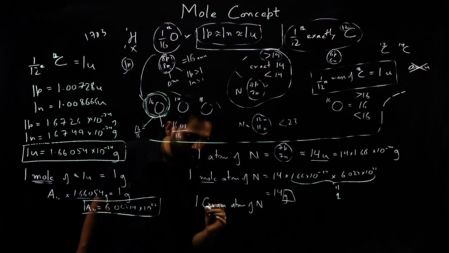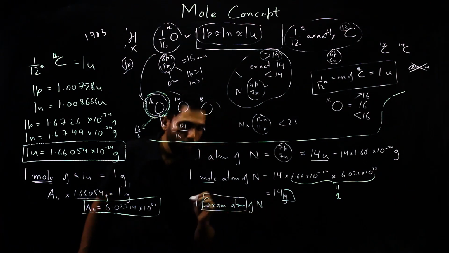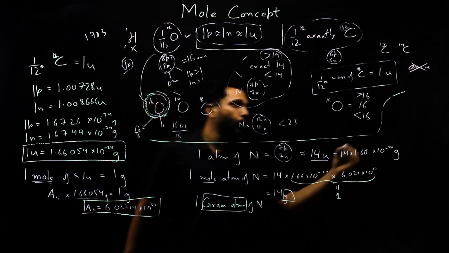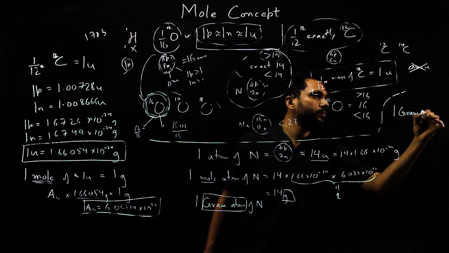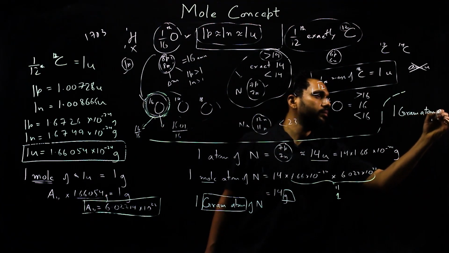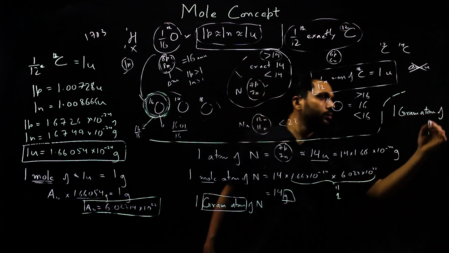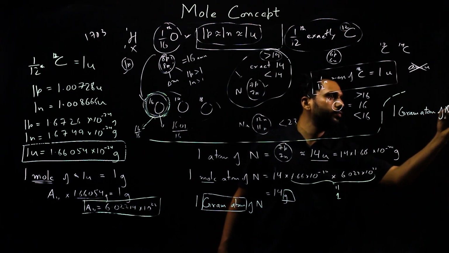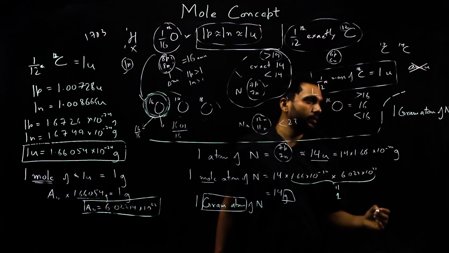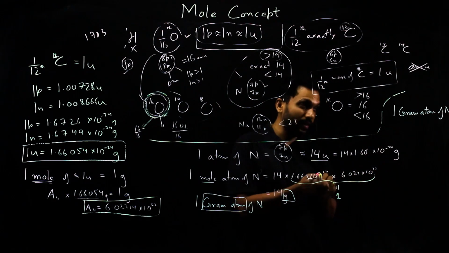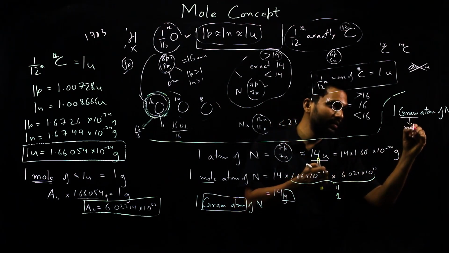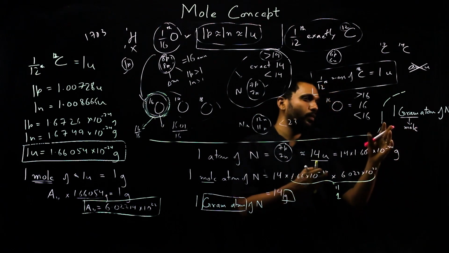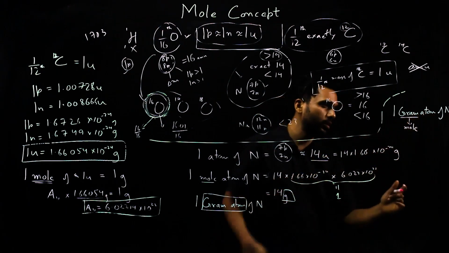So if I ask you what's the weight of 1 gram atom of sodium, you'll read this word gram as mole in your head and say what would be the weight of 1 mole of sodium atoms.